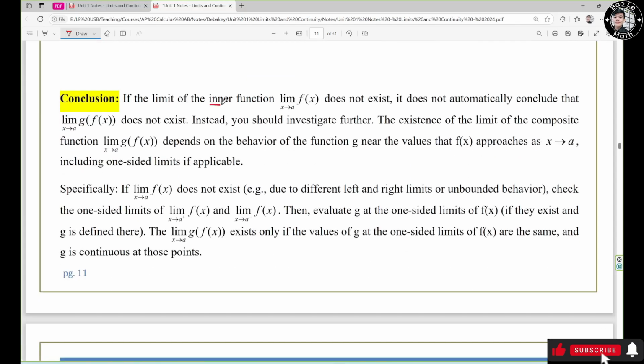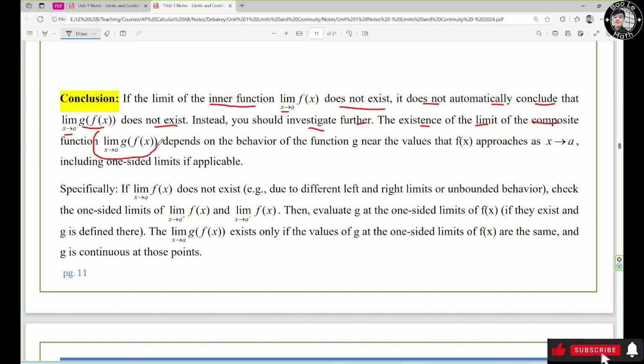If the limit of the inner function, which means the limit of f(s) when s approaches a, does not exist, it does not automatically conclude that the limit of g of f(s) when s approaches a does not exist. Instead, you should investigate further the existence of the limit of the composite function.